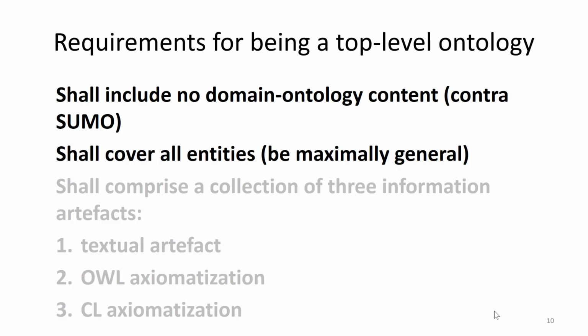And then secondly, even though it doesn't have any domain ontology content, it is still required to cover everything in the universe, just at a highly general, which is to say domain neutral level.